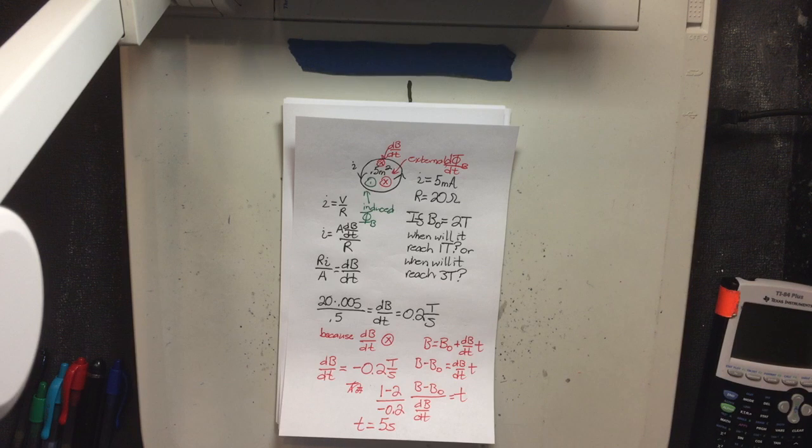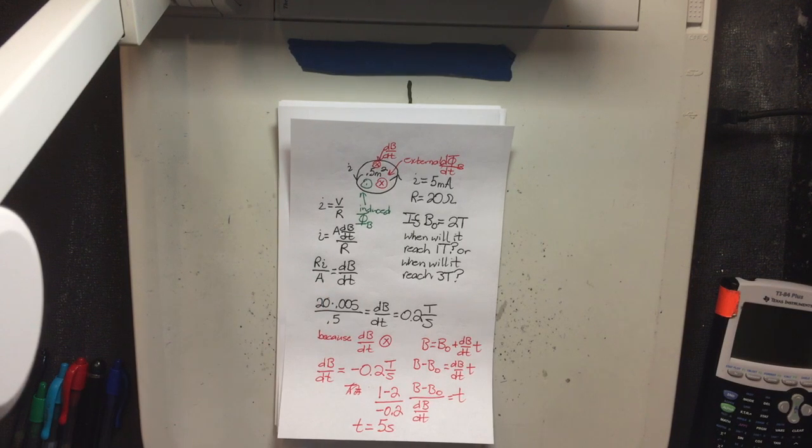Since the area doesn't change, the change in B field must be in, and if the change in B field is in, then dB dt is a negative value. So if we determined here that it's 0.2 Tesla per second, logic dictates that the true value of the magnetic field change is negative 0.2. And then there you go.